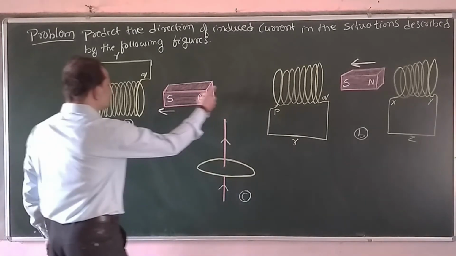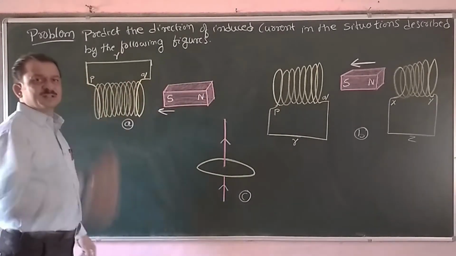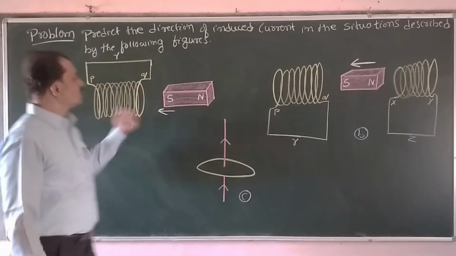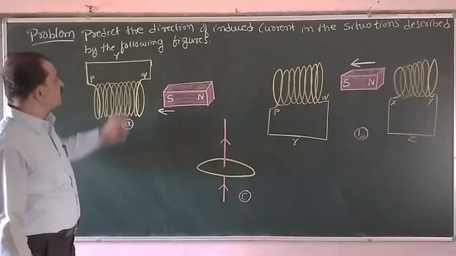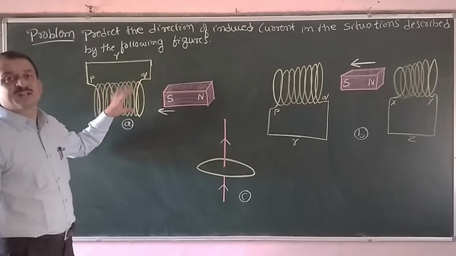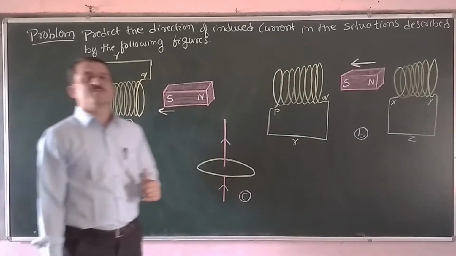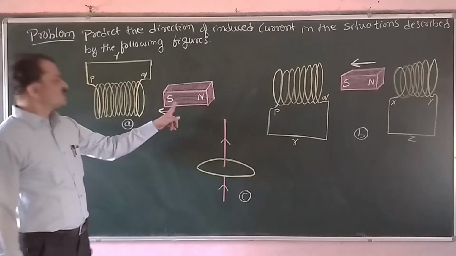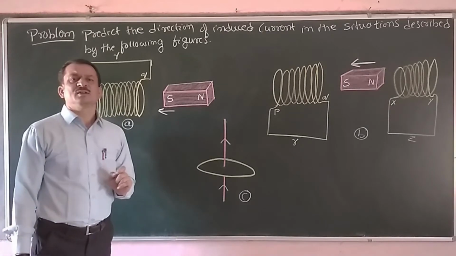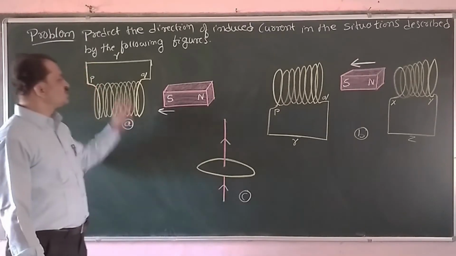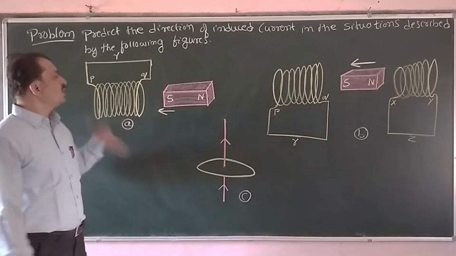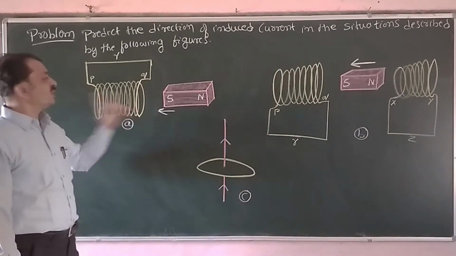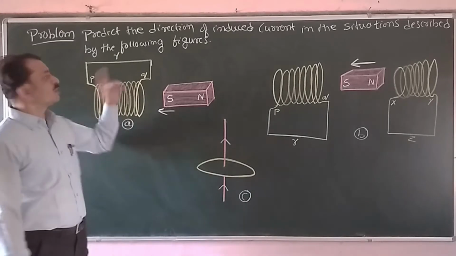As the south pole is entering the coil, according to Faraday's laws of electromagnetic induction, an EMF is induced in that coil, because since the bar magnet is moving, there is a change in flux. The rate of change of flux induces an EMF in it. We have to work out the direction.